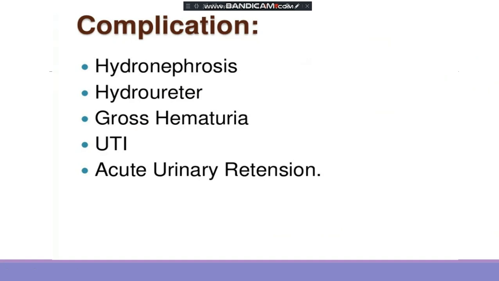So these are the complications of BPH: hydronephrosis, hydroureter, gross hematuria, UTI, and acute urinary retention. Hydronephrosis is nothing but fluid in the kidney. Hydroureter means fluid backup in the ureter, because obstruction is there and urine is not able to be passed. So hydroureter as well as hydronephrosis will be happening.